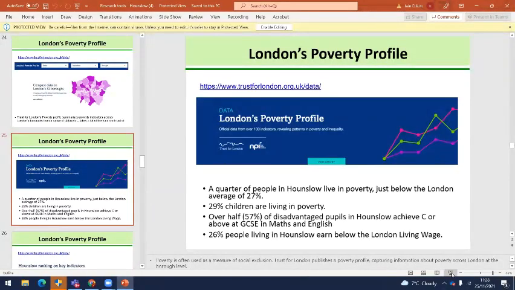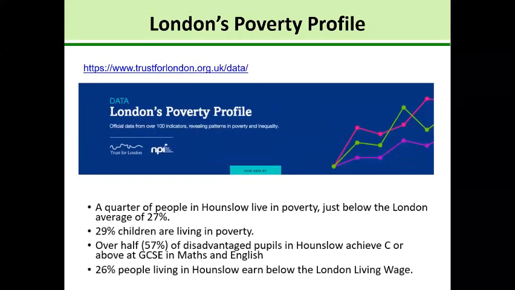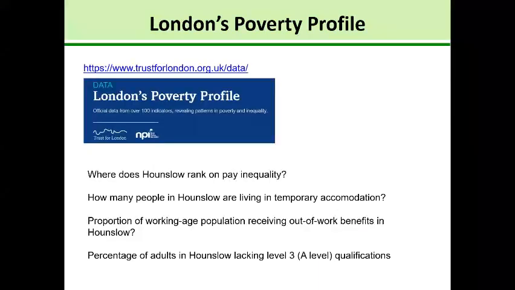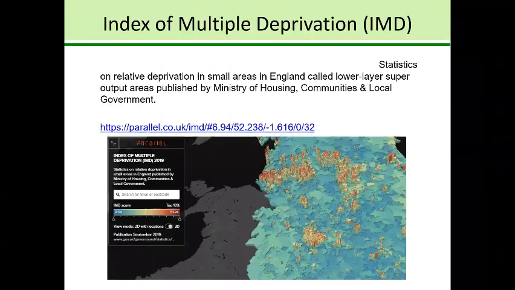It's good to use their own information. The index of multiple deprivation. This has statistics on relative deprivation in small areas in England. These areas are called lower layer super output areas.